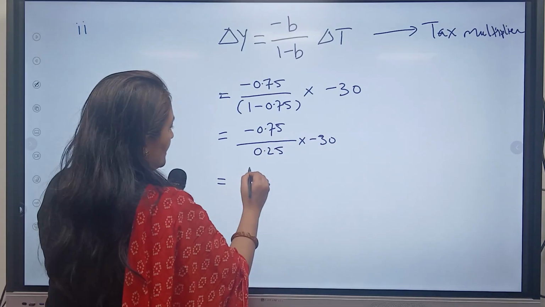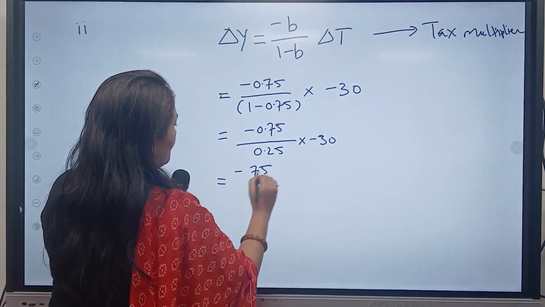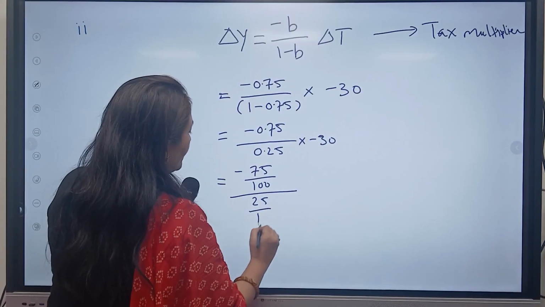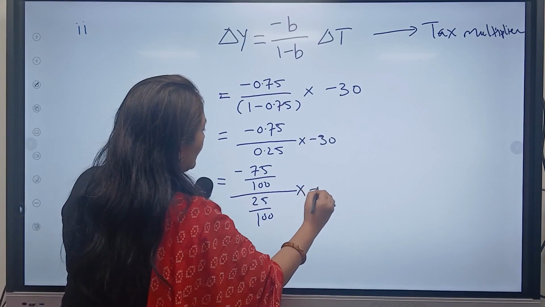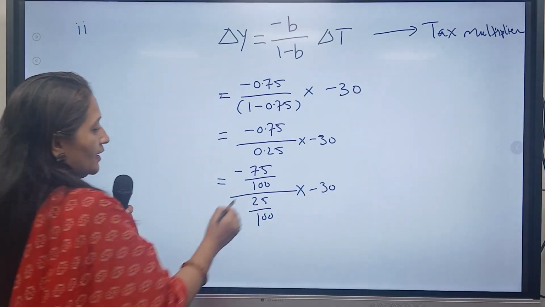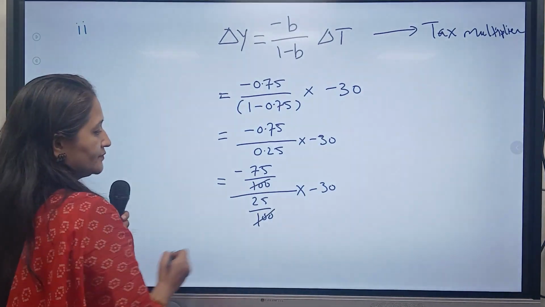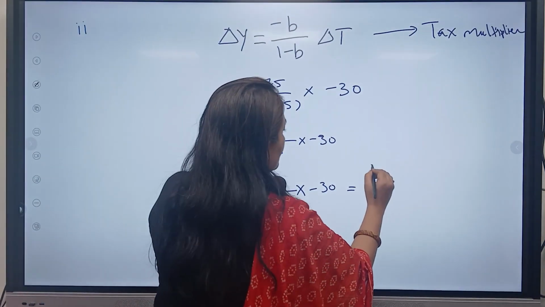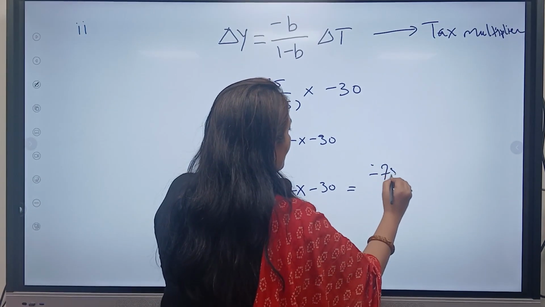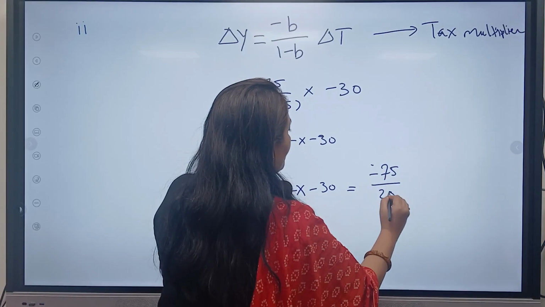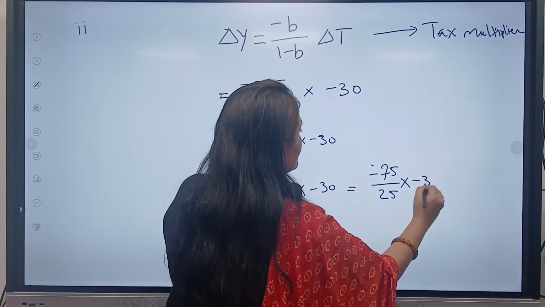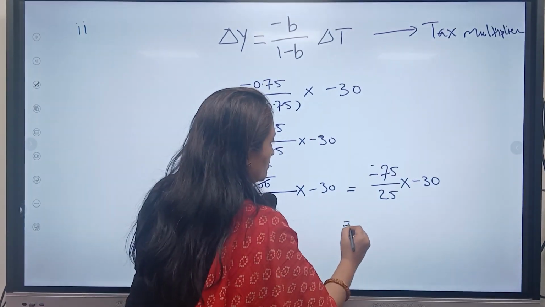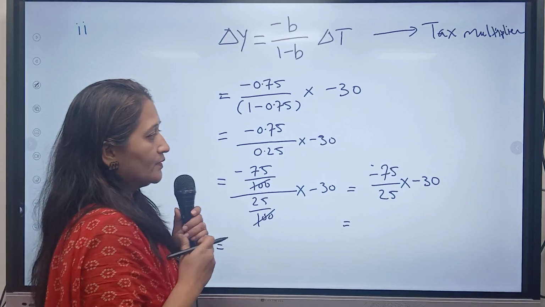So we can write it as minus 75 upon 100 upon 25 upon 100 into minus 30. 100 and 100 go away. So this becomes minus 75 upon 25 into minus 30.